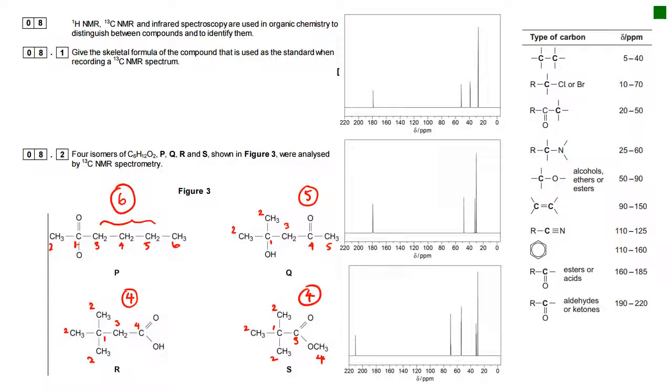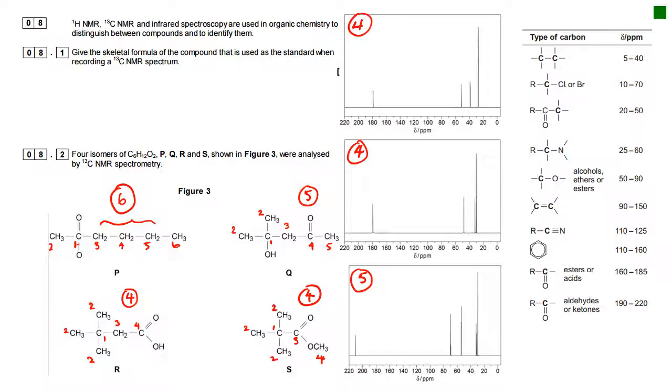Now let's count some peaks. In the top spectrum we have 1, 2, 3, 4. In the middle one we have 1, 2, 3, 4. In the bottom one we have 1, 2, 3, 4, 5. Okay, so now we match.